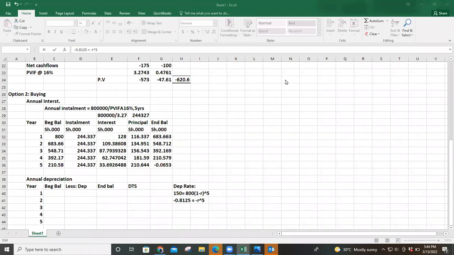The fifth root of 0.8125, our depreciation rate becomes 0.9593.